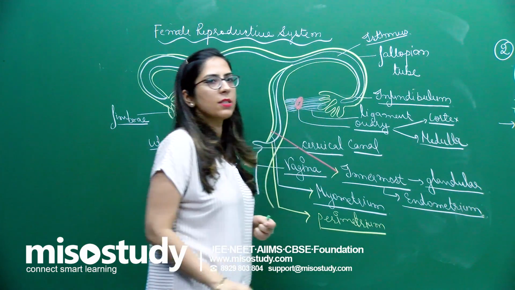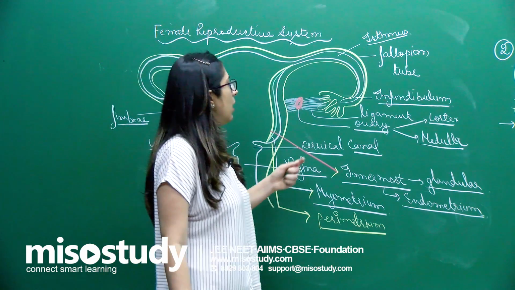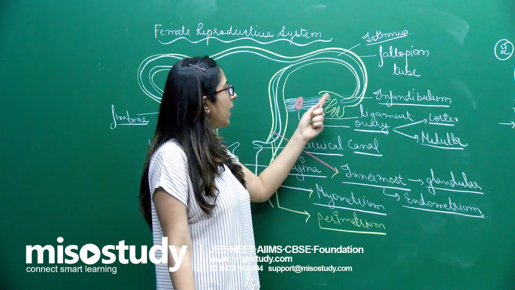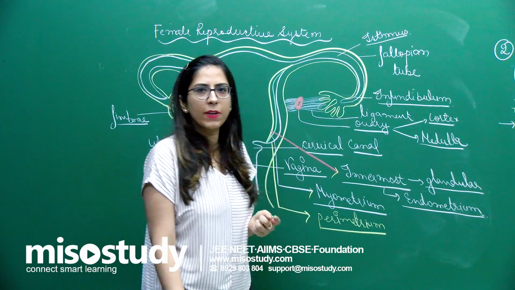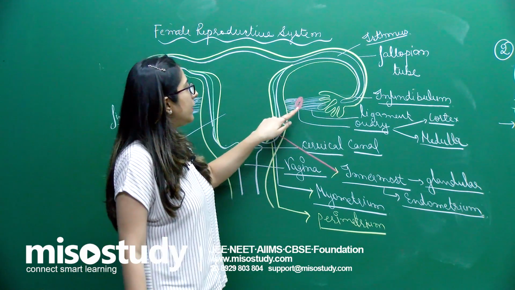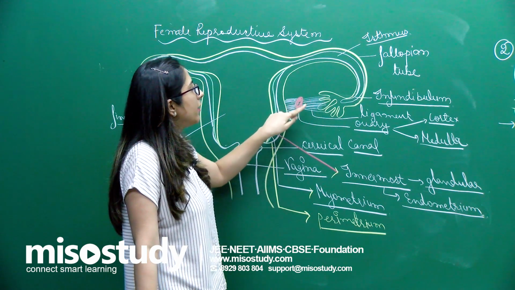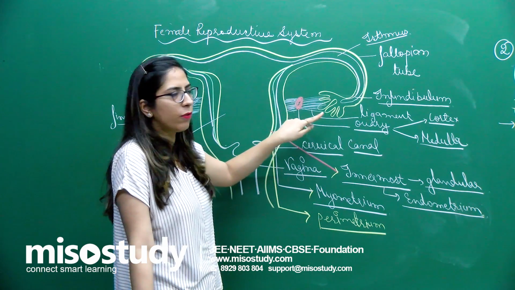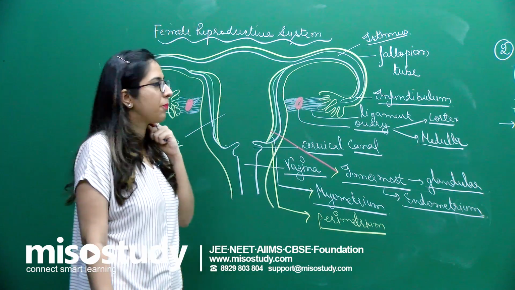In this, the process called oogenesis, that is the formation of the egg, happens. Once the egg is formed, it is caught by the fimbriae, which are finger-like projections. This ovary is attached to the fimbriae and to the pelvic wall, and to the uterus with the help of certain ligaments.